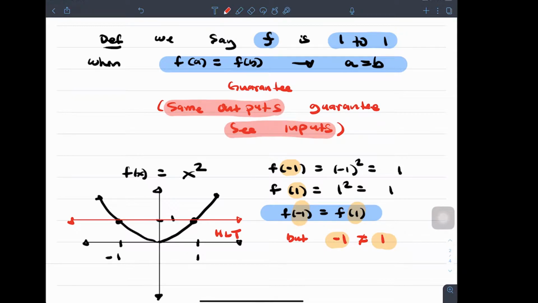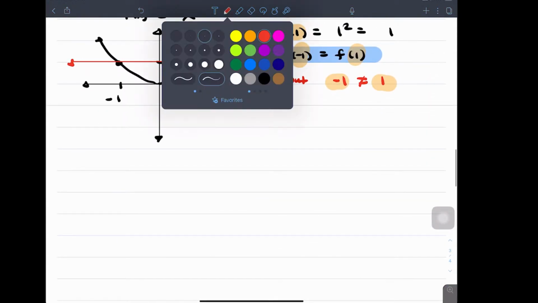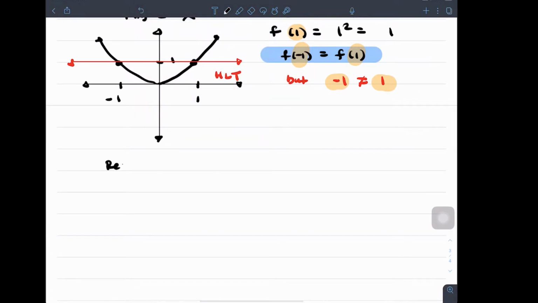So if you guys remember back in that course, they'll say things like determine the inverse function for f of x equals x squared, and then they did what? X greater than or equal to 0.